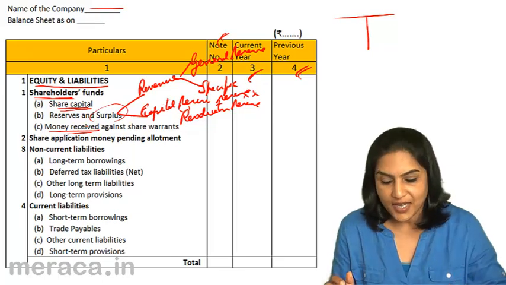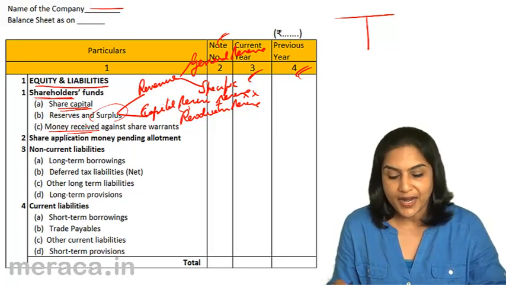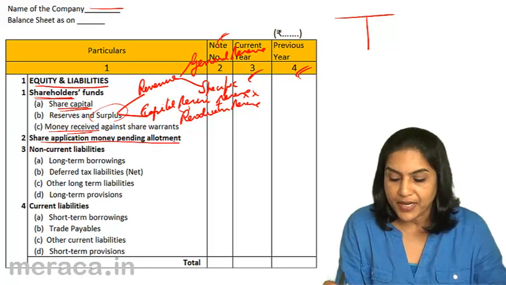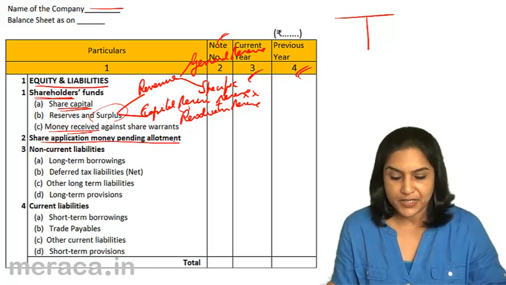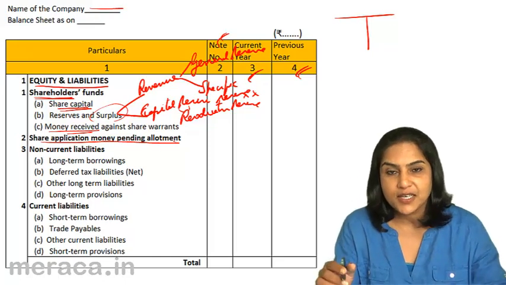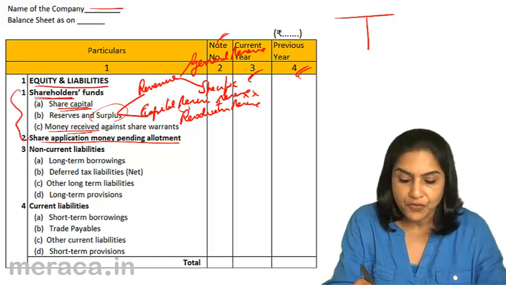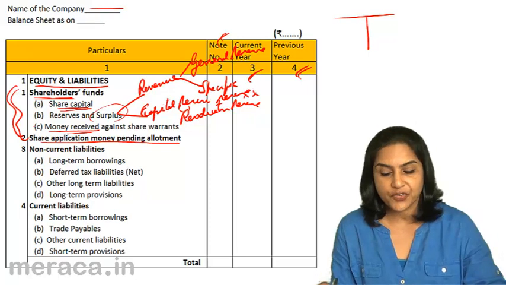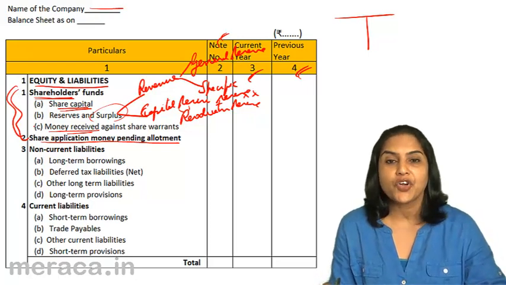If such is the case, that is shown as a separate item, share application money pending allotment. This more or less covers the portion of shareholders' funds. What about non-current?